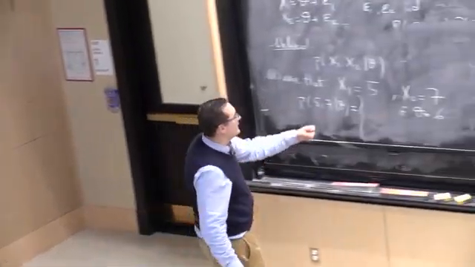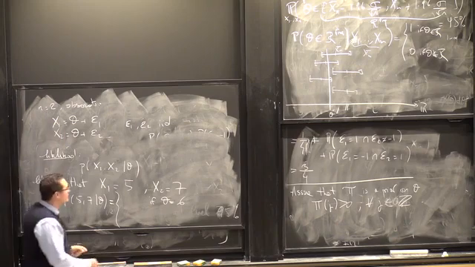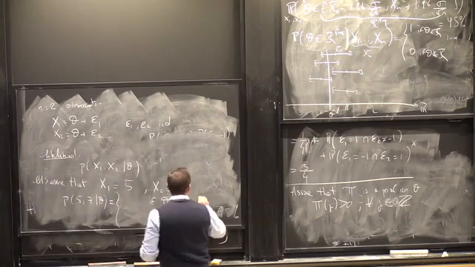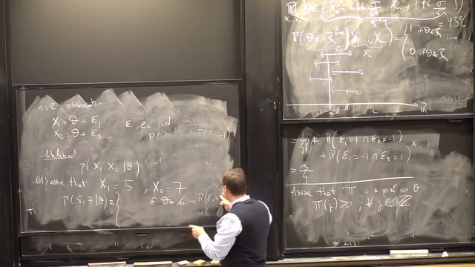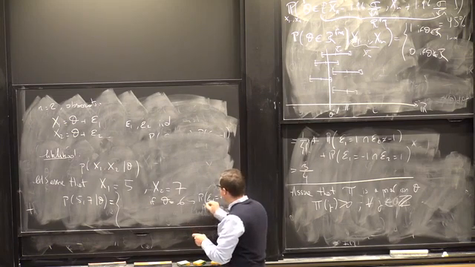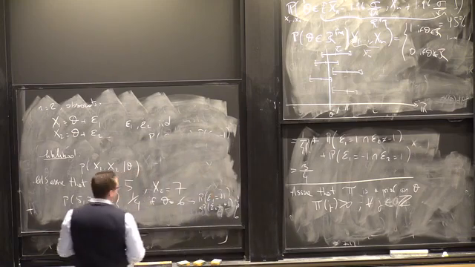It's the probability that epsilon 1 is equal to -1 and epsilon 2 is equal to +1, which is equal to 1/4. So this probability is 1/4.